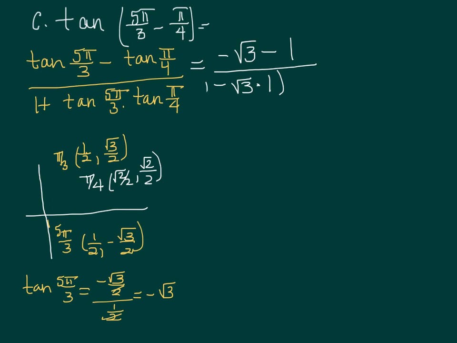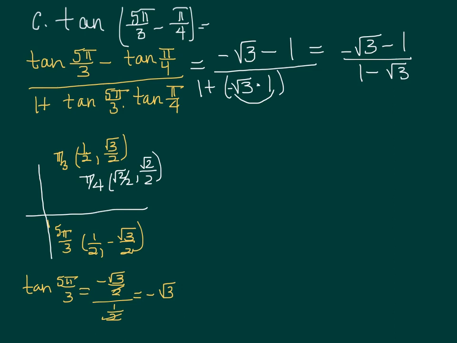Well, actually, let's write it like this: 1 plus this. To simplify that, we have negative square root of 3 minus 1 on the top. A negative square root of 3 times 1 is just negative square root of 3, so we have 1 minus square root of 3.